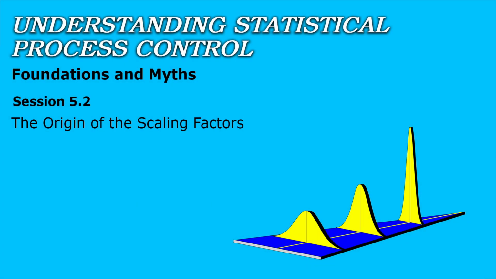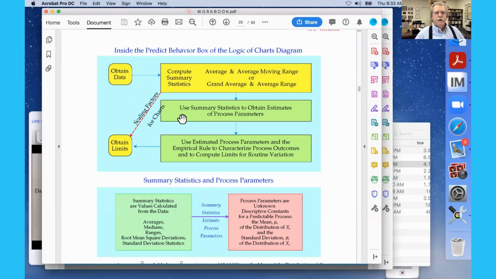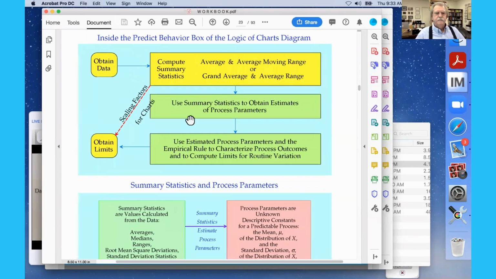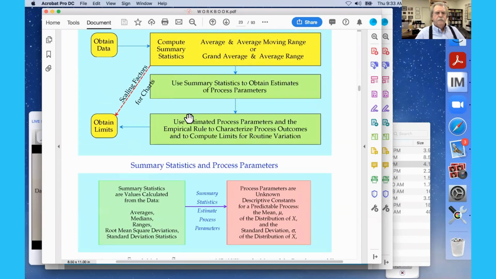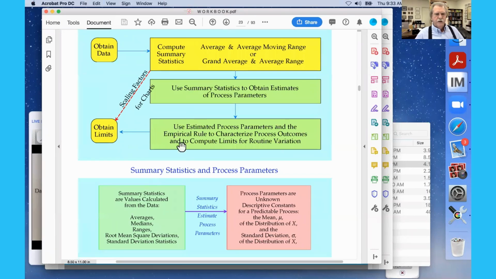For the origin of the scaling factors, we return to the SPC workbook, page 23. Now, we saw page 23 yesterday afternoon. We talked about the empirical rule.